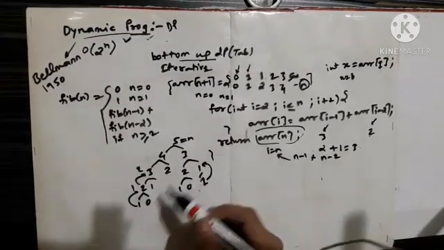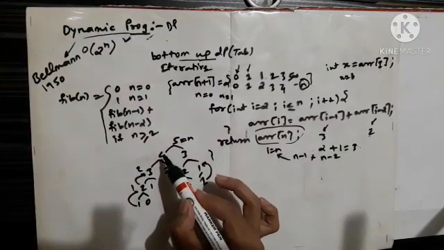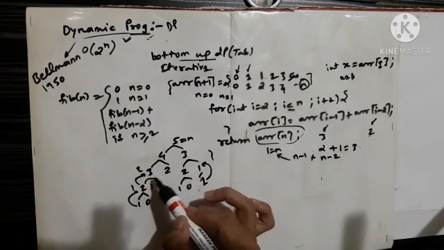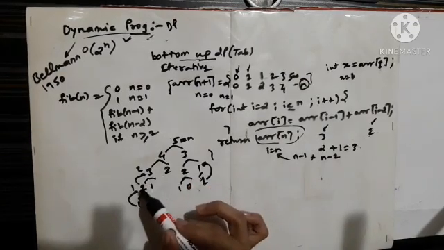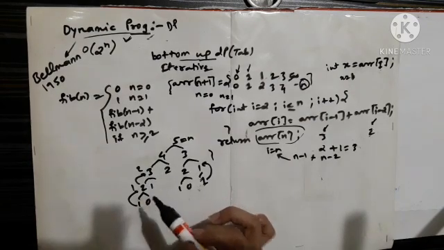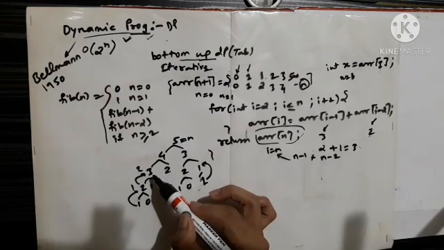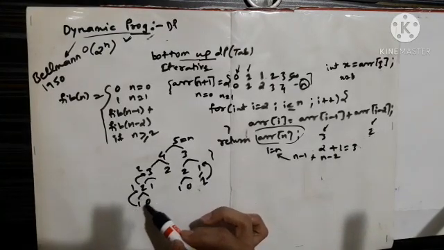Now see, 4 will only get its value when 3 and 2 both compute and return to 4. 3 will get its value only when 2 and 1 both return to 3. 2 will get its value only when 1 and 0 return to it.